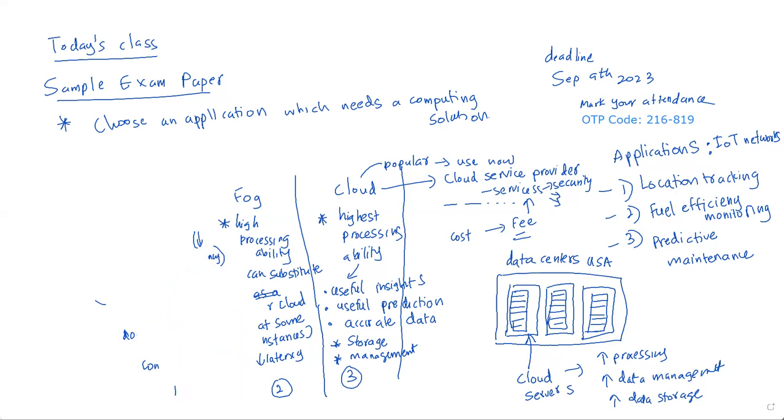And in the third question, I have asked you to establish a selection criteria to select the best computing approach, and decide what is the best computing approach for this application.